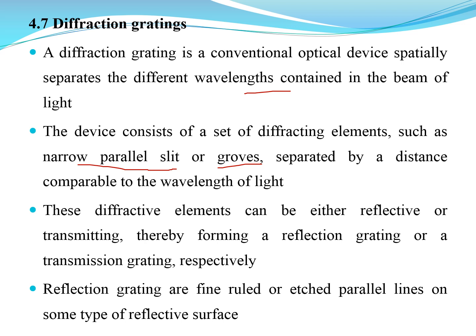These diffractive elements can be either reflective or transmitting, forming a reflection grating or a transmission grating. The reflection gratings are fine ruled or etched parallel lines placed on some reflective surface.